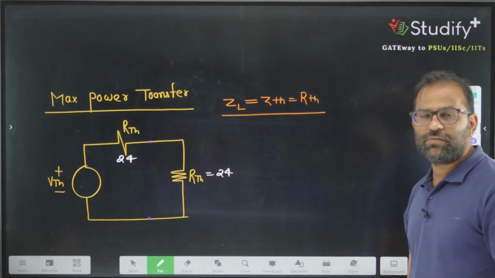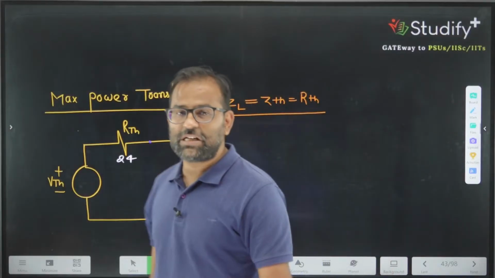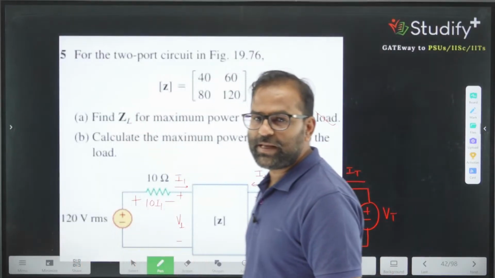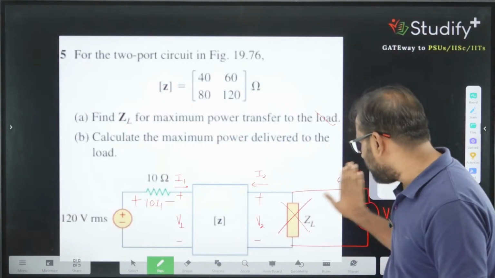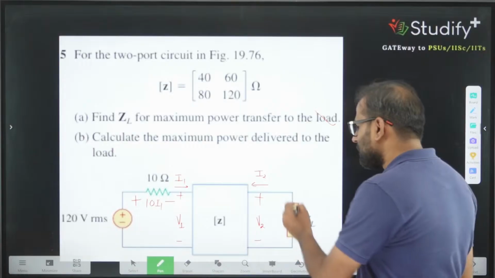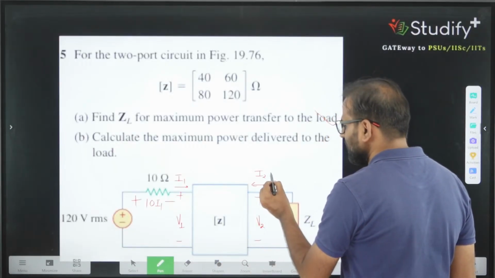Now we are interested in VTH, and how to calculate the VTH? To calculate the VTH, make current I2 equal to 0, because if you make I2 equal to 0, in this network this node is open circuited, and VTH is the open circuit potential.